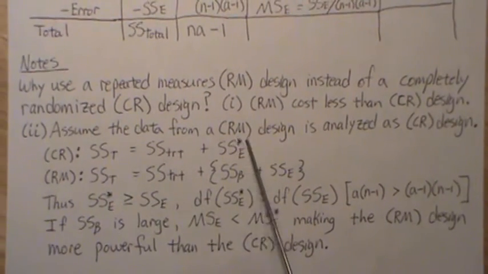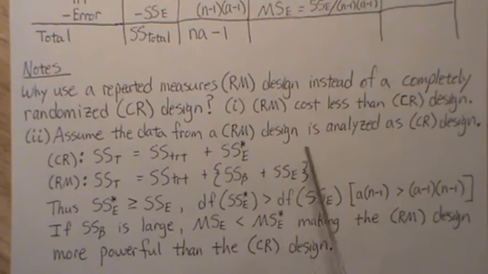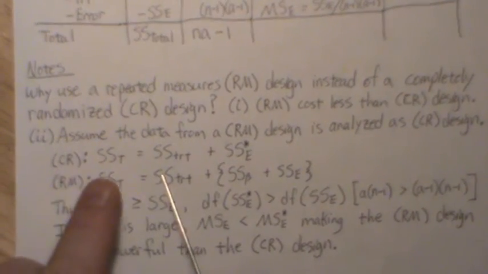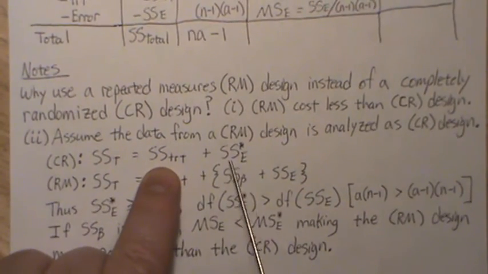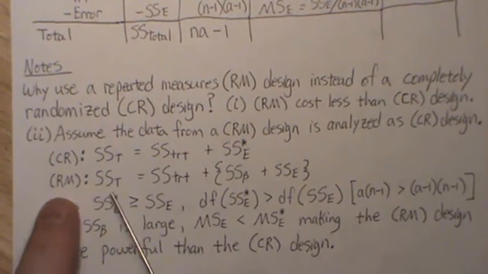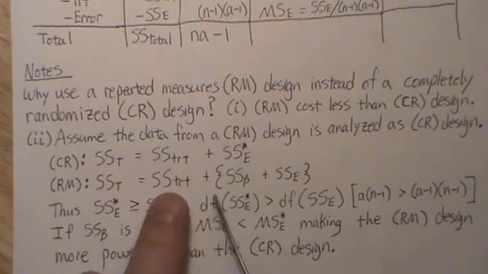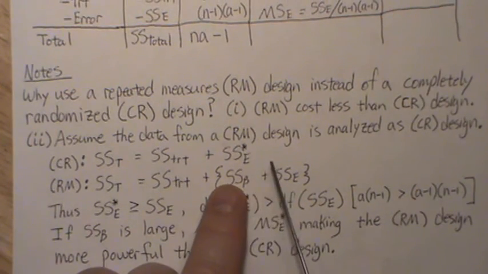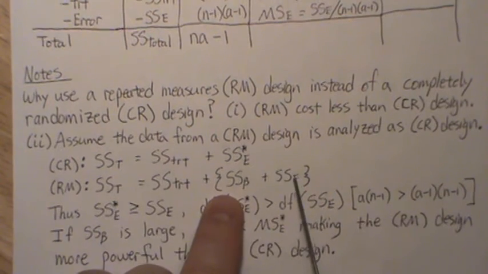Now let's assume the data came from a repeated measures design, but we analyzed it with a completely randomized design. So under the completely randomized design, we separated the total sum of squares into treatment and error. And then in the repeated measures design, we separated into treatment, and this is the same, but the error we separate into between subject and error.